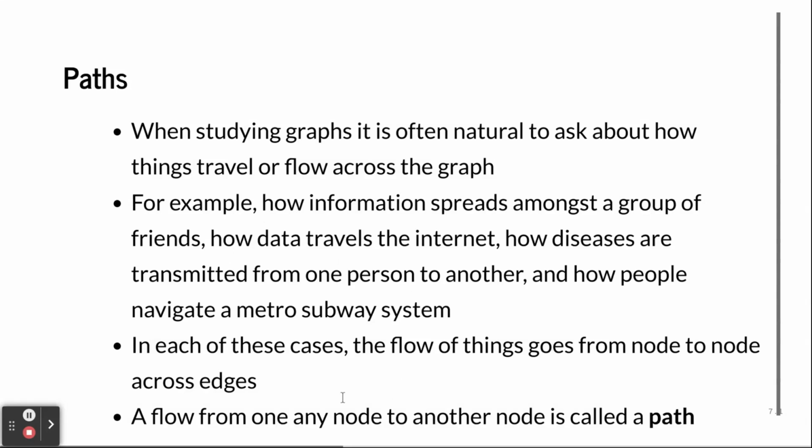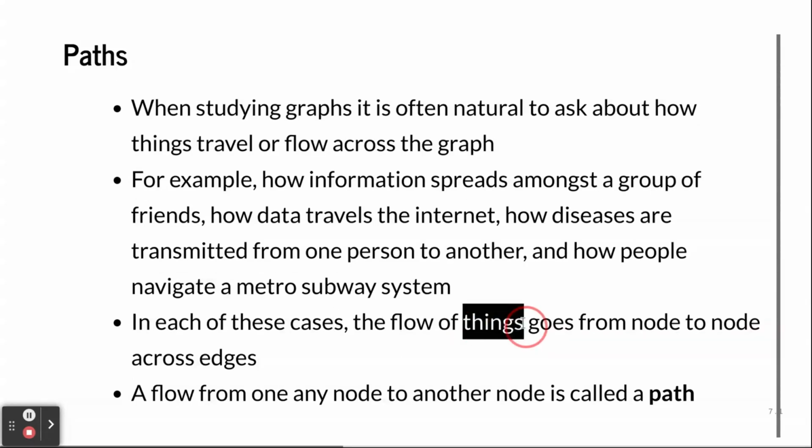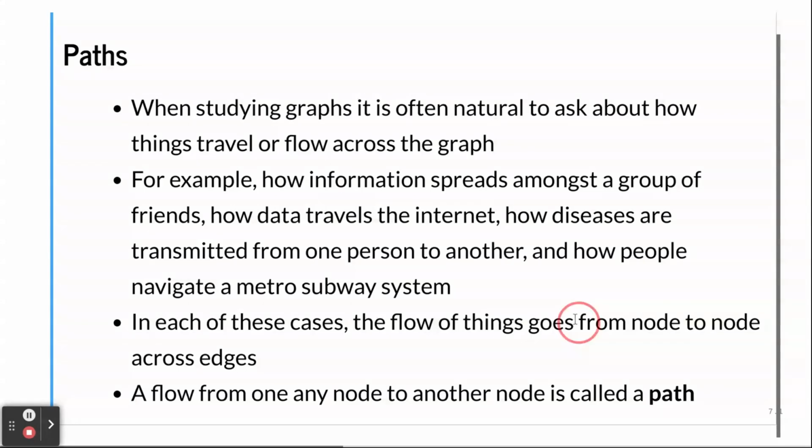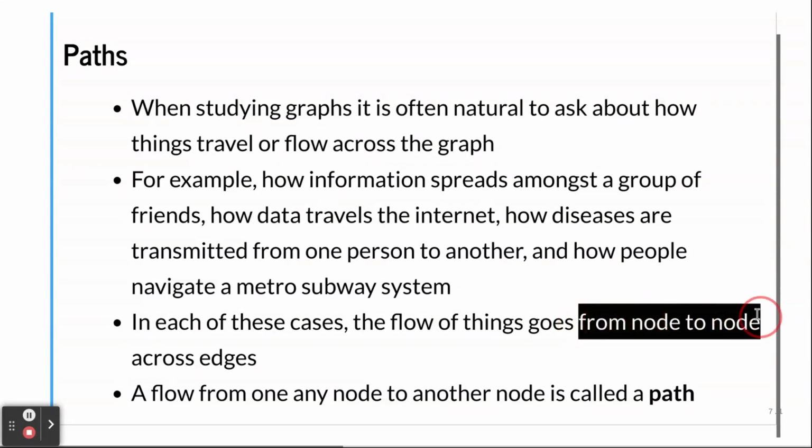In each of these examples, the flow of things, which again depends on the context and the domain, is from one node to another, but always across edges that exist between that pair of nodes.